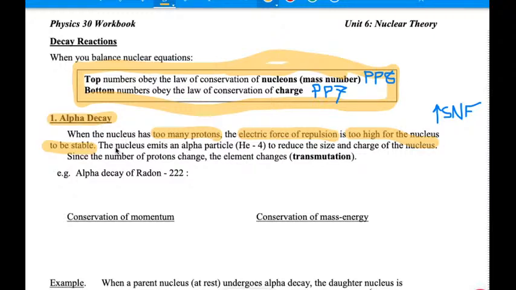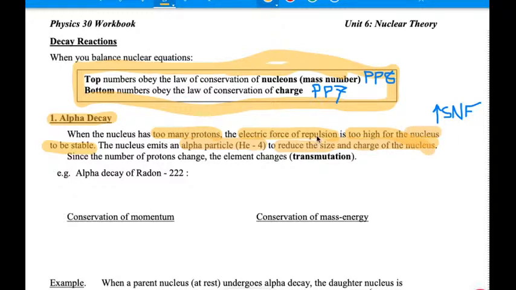So instead, we're getting the nucleus shooting off this alpha particle. So alpha radiation, obviously, we're emitting an alpha particle, alpha decay, alpha particle should be pretty obvious there. It's going to reduce the size and charge of the nucleus, right?